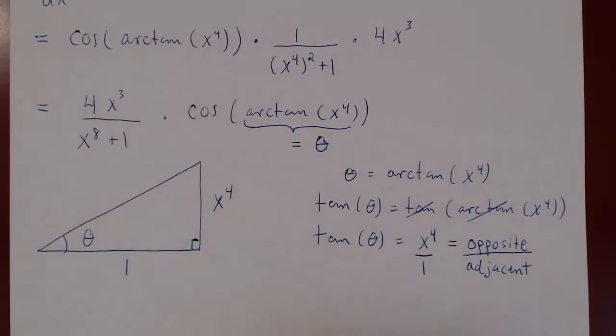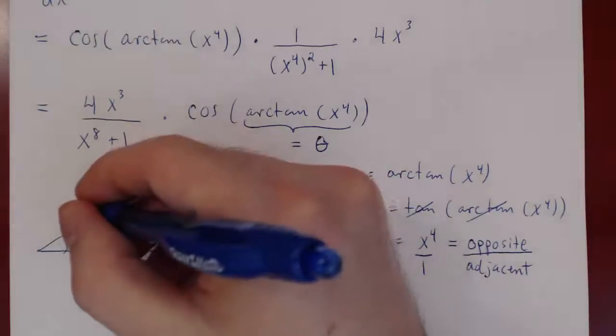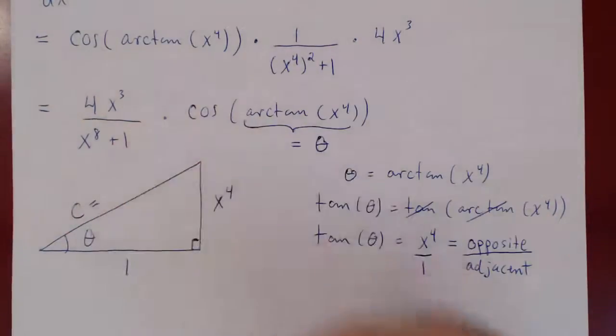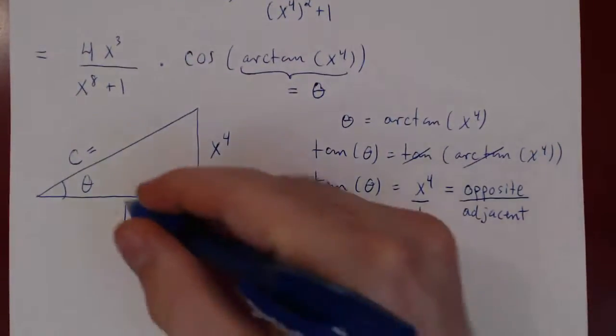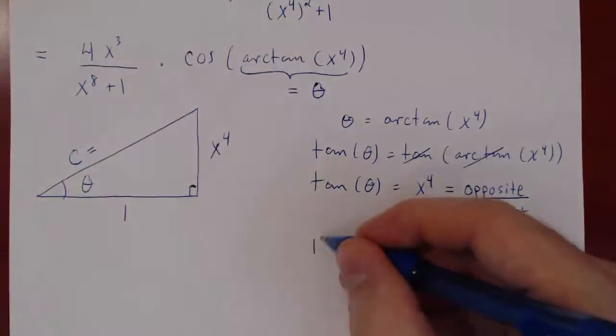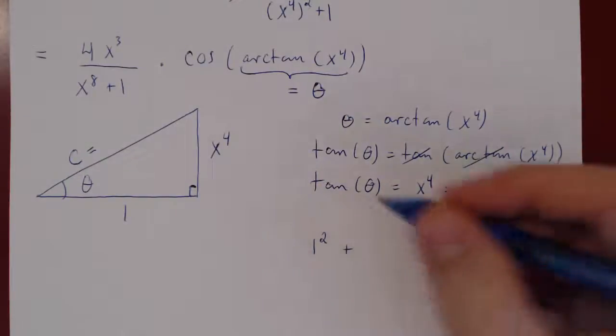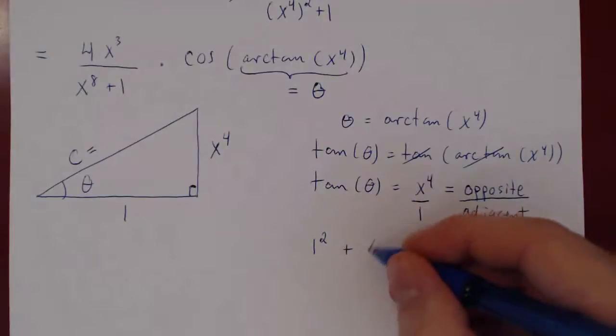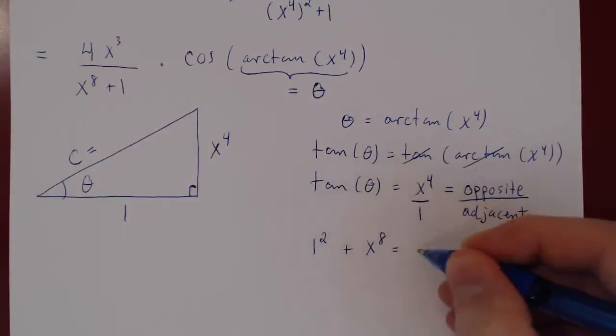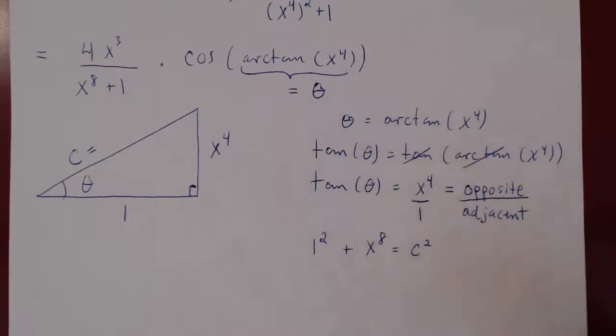And once again, we can complete this right triangle using Pythagoras' theorem. We want the hypotenuse, call that c. And by Pythagoras' theorem, we know that the base of the triangle squared plus the height of the triangle squared, if you square x to the 4, you get x to the 8, equals the hypotenuse squared.